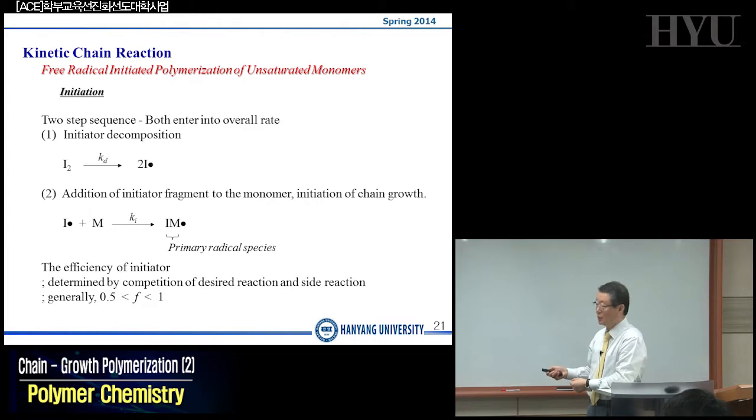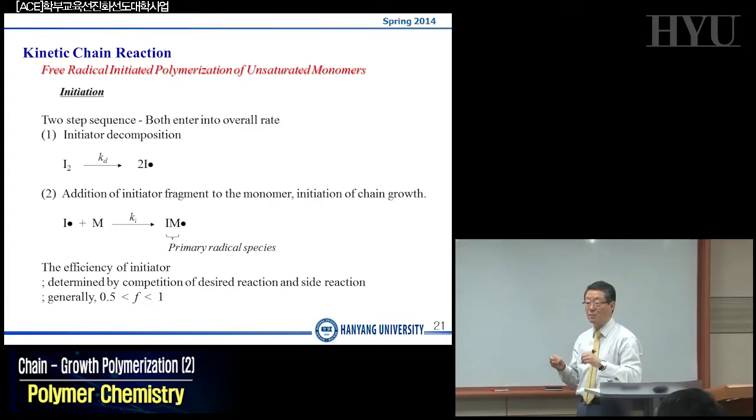Although we add the initiator, it may not 100% participate in the radical polymerization reactions. If you have about 100 initiators, and about 50% of your initiator is participating in the radical polymerization reactions, we call this the initiator efficiency factor, which is about 50%.